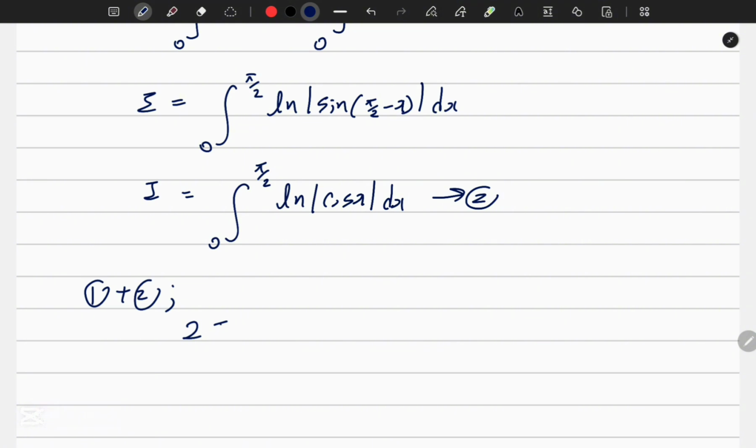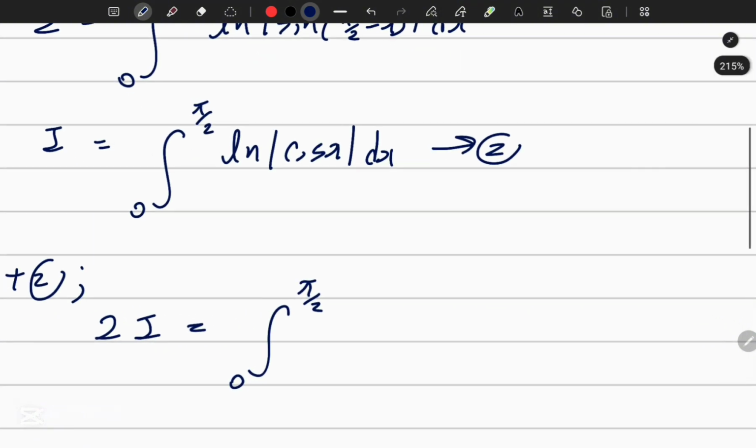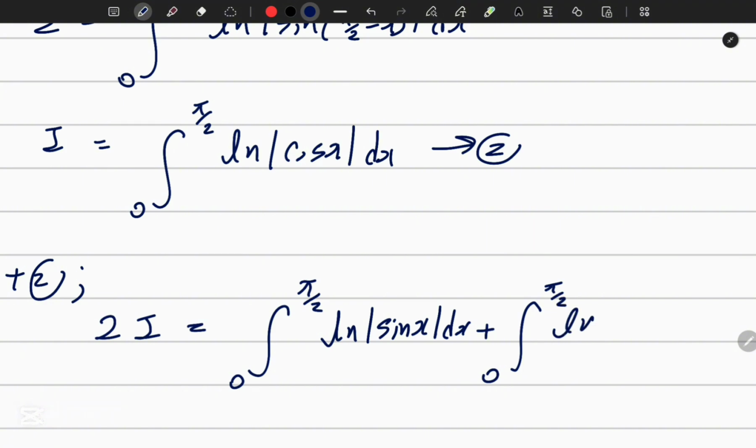So 2I equals the integral from 0 to π/2 of ln sin x dx, plus the integral from 0 to π/2 of ln cos x dx.